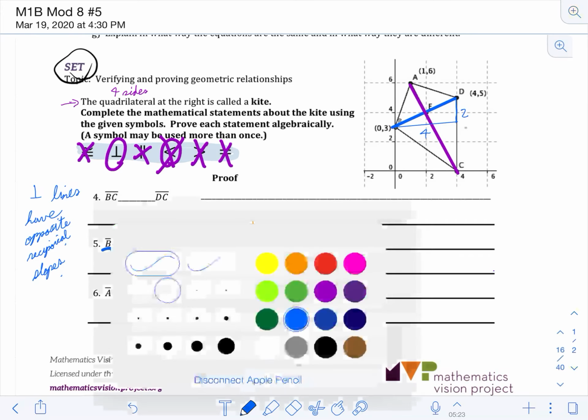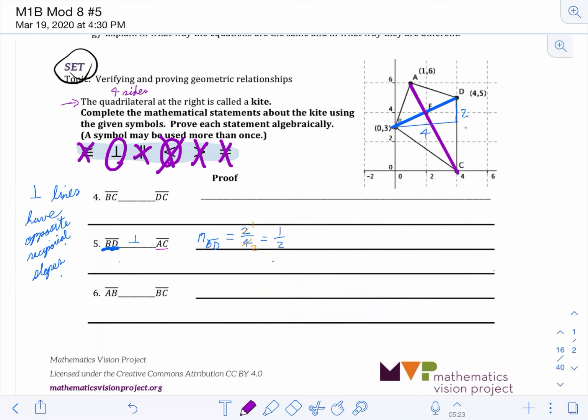Now let's take a look at the slope of AC. Since they should have opposite reciprocal slopes, that's what we're going to try and see. Again, the easiest thing to do is make a slope triangle, just like this. With my slope triangle, it goes down 1, 2, 3, 4, 5, 6.